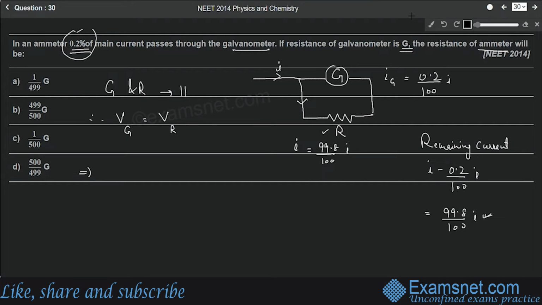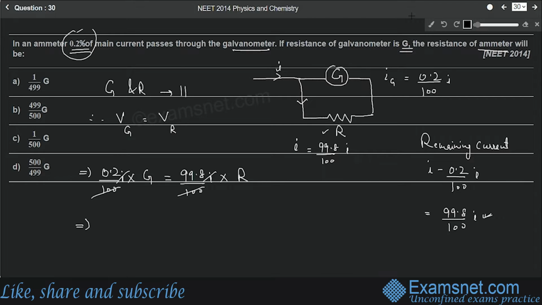So the current in the galvanometer is 0.2 by 100 I, into the resistance of the galvanometer, which is G. Similarly, on this side, the current that passed through the resistance R is 99.8 by 100 I and the resistance is R. So 100 will be cancelled, I is cancelled.